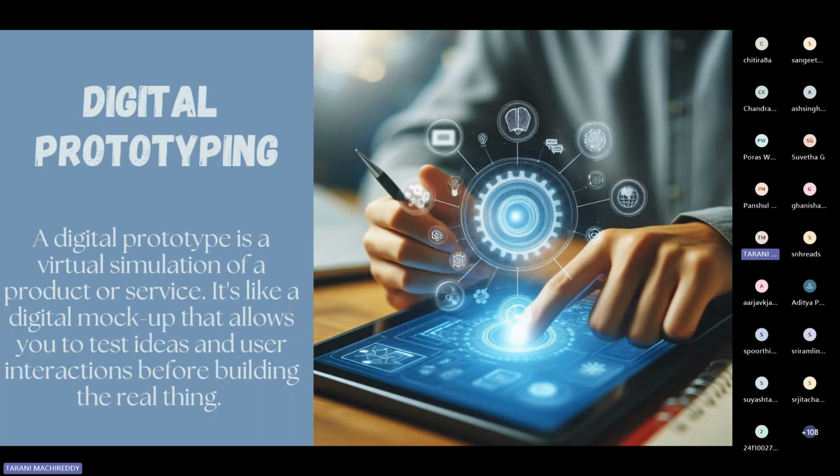It can include 3D models, simulations, animations, etc., to depict how the product will look, behave and perform. Digital prototypes are often used in various stages of the product development process. It can be used in the initial stage, the final stage, or in between.